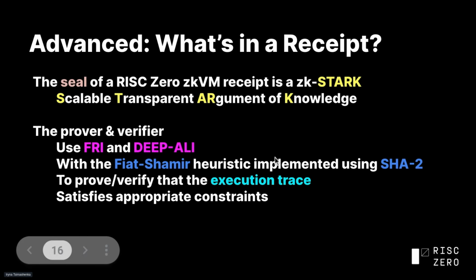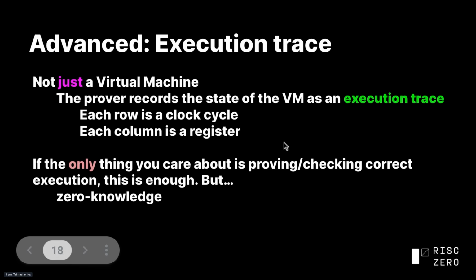For the prover and verifier, we use the FRI algorithm and DEEP-ALI with the Fiat-Shamir heuristic, to prove and verify that the execution trace satisfies the appropriate constraints. And this is the execution trace, which is happening within the ZKVM.